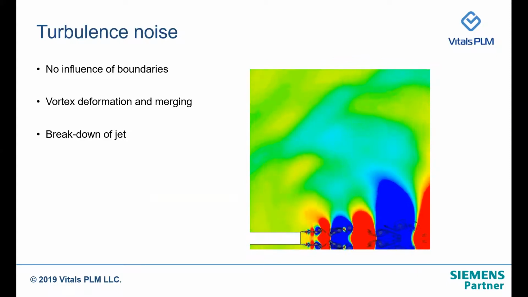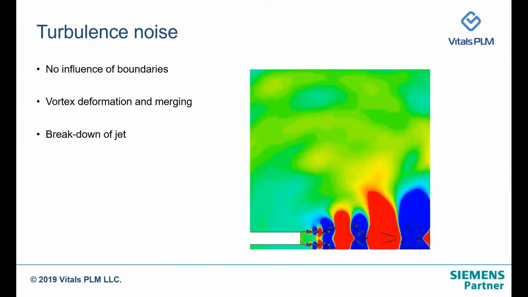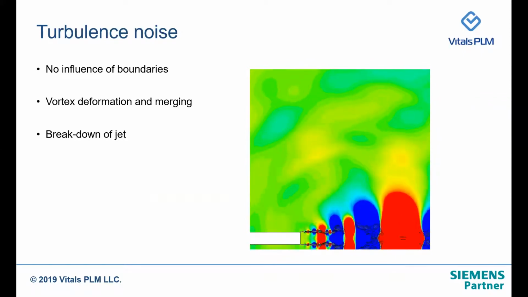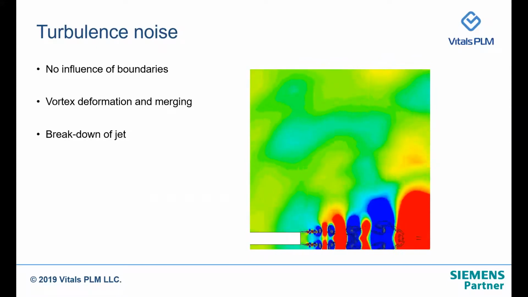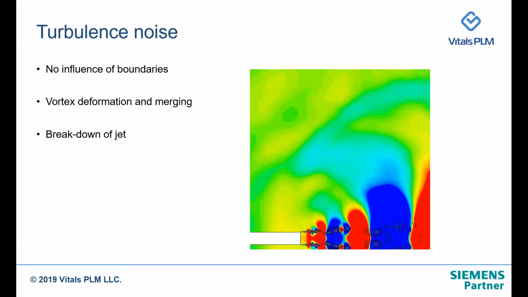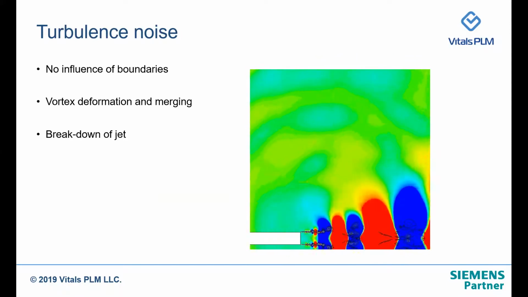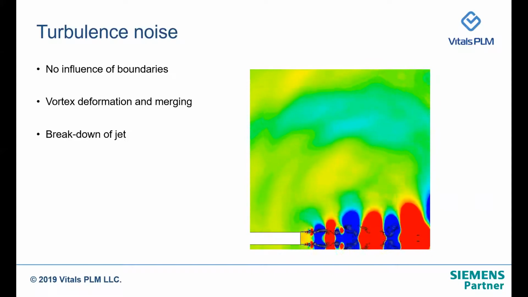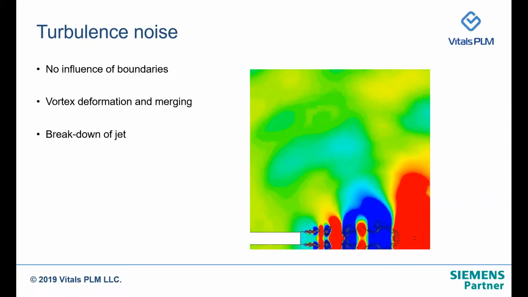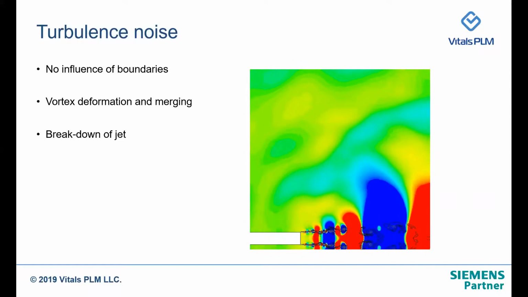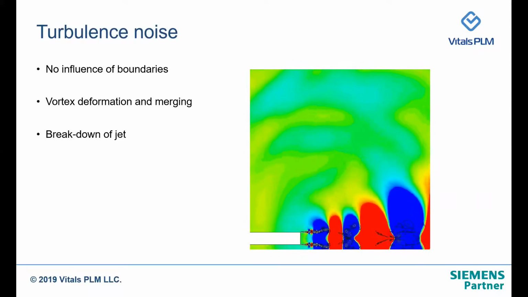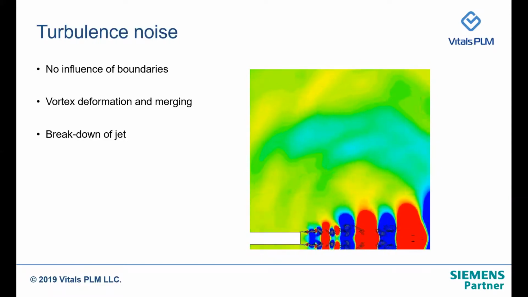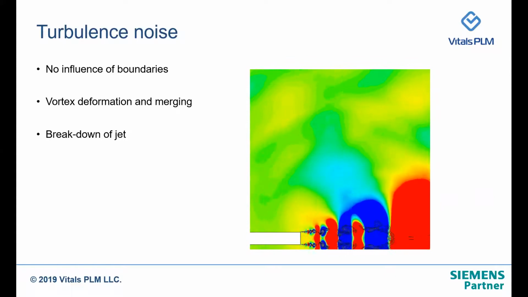Sometimes the turbulence itself becomes the source for the noise. And in this case, there is no influence of boundaries. Here we see a jet which is coming out of some pipe, and because of the highly unstable shear layer, vortices are formed, and then they grow and deform and merge together, and again they break down into further small vortices.